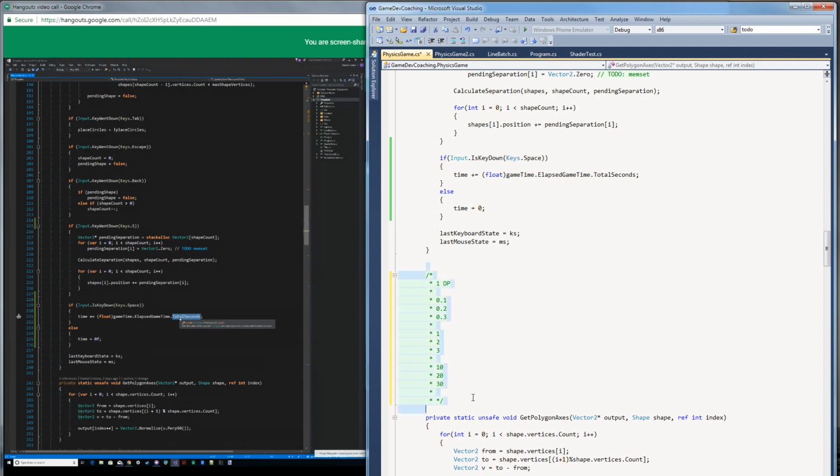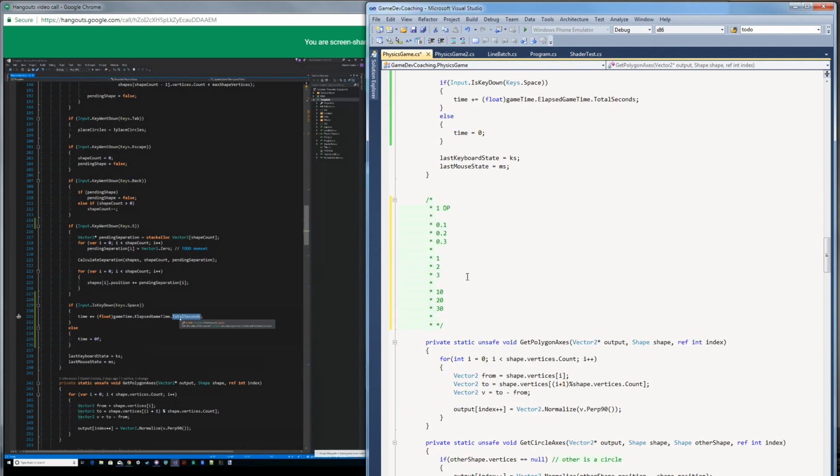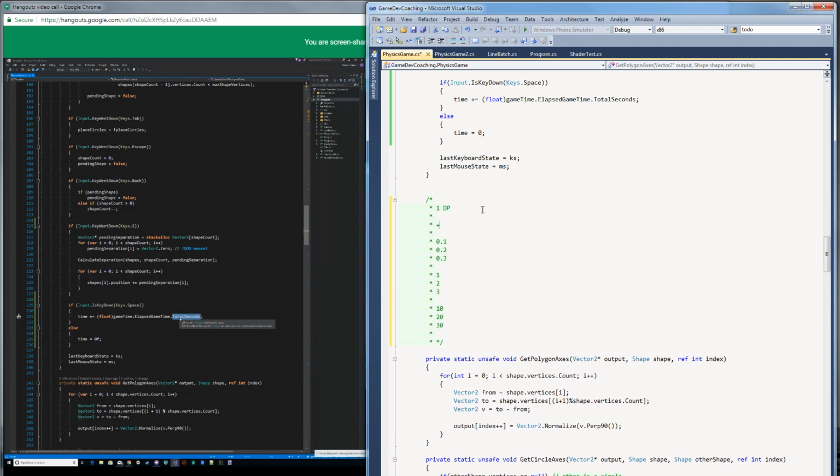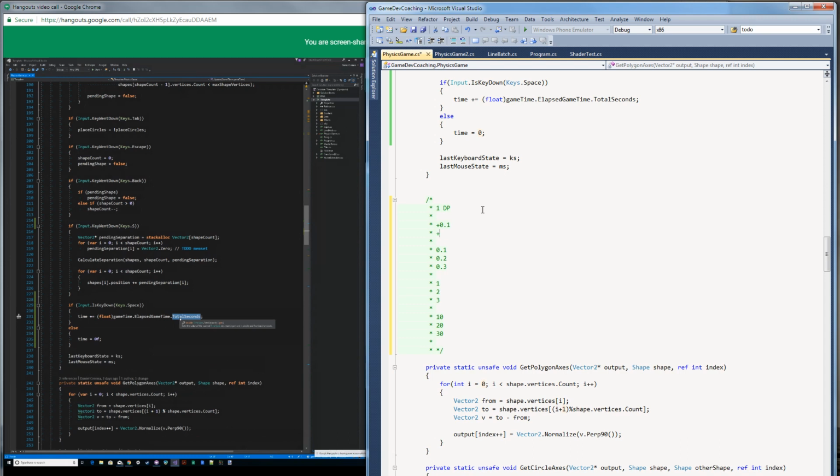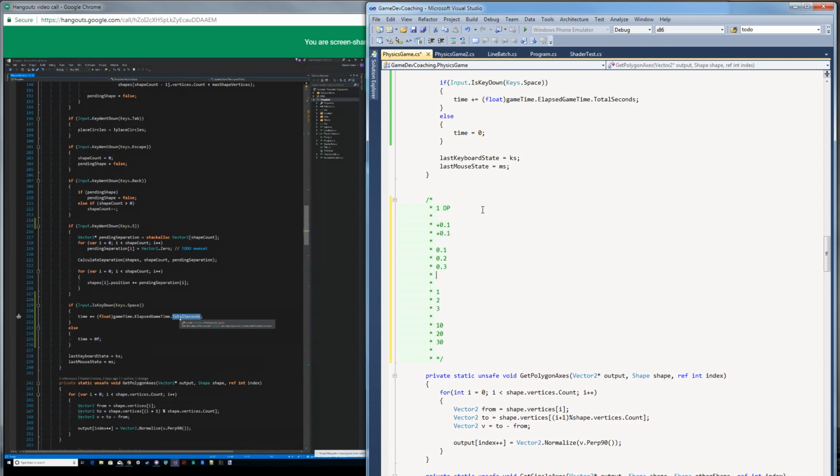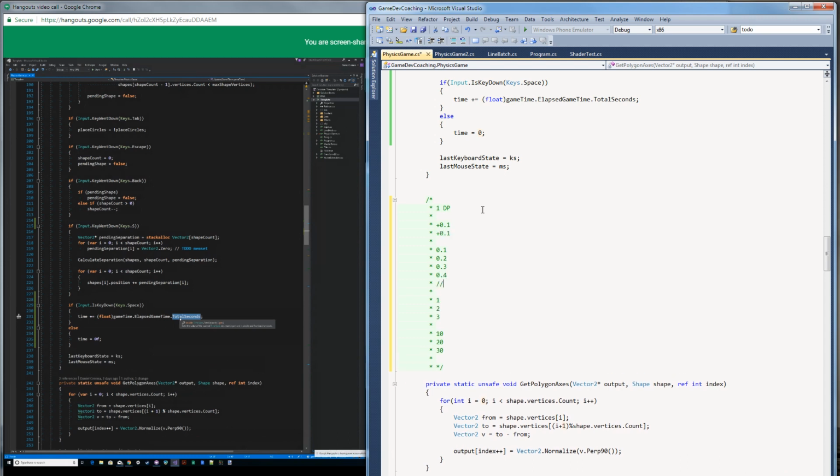So floating point sort of works like this, and it can store more digits. But let's say for sake of example, it can only store 1 digit. So if we're adding time to it, so every frame is like plus 0.1, plus 0.1, we get 0.3, 0.4, and so on.